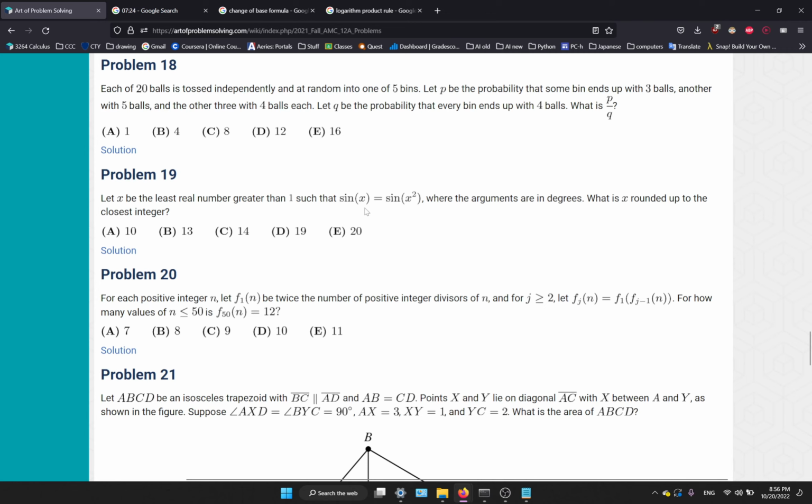So it's gonna be equal when sine of x is in the first quadrant and sine of x squared is in the second quadrant. Yes. And so we know that x is going to be equal to x squared minus 180. I think we're getting somewhere now. Or 180 minus x squared equals x.